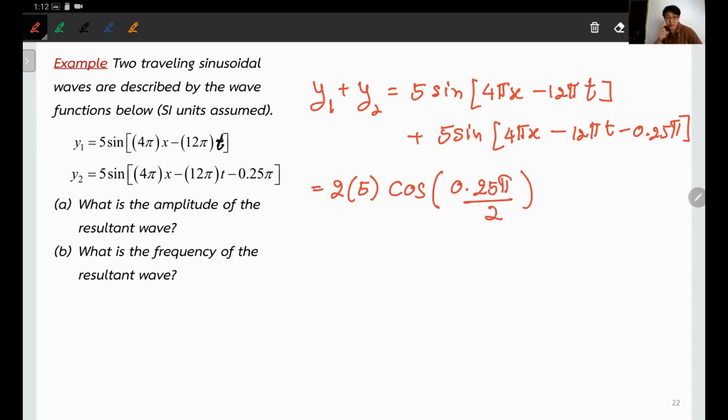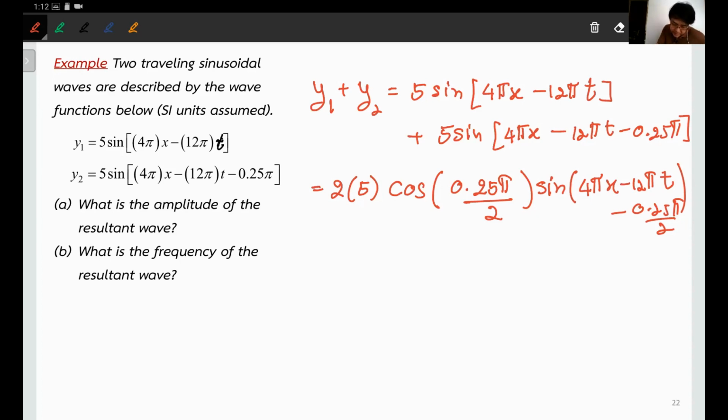That's the one for the cosine. I do the same thing for the sine, but now the argument is the sum of the two divided by 2. So I just add these two brackets together, divided by 2. I still get 4 pi x minus 12 pi t. And here we go, 0.25 pi over 2.